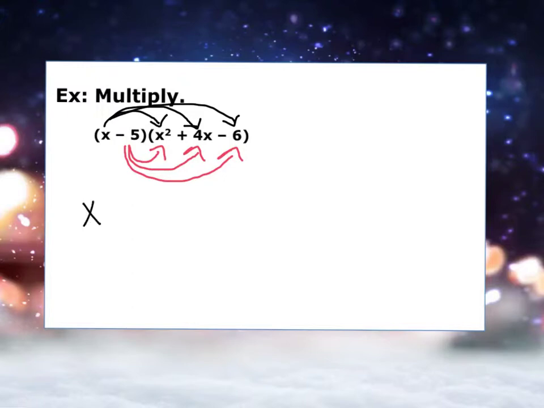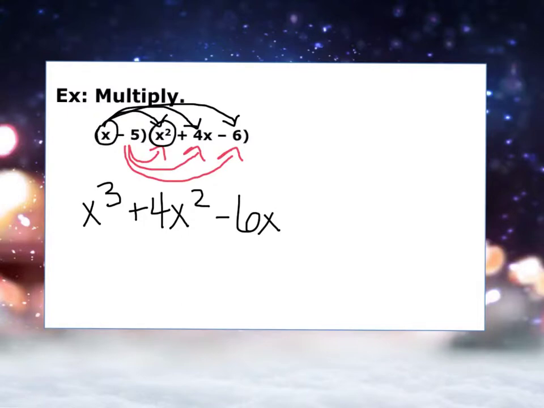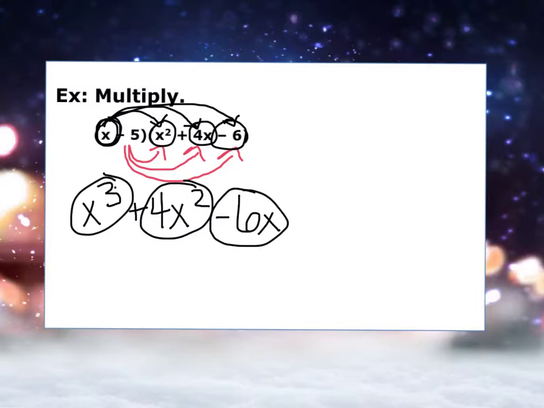So I get x to the third plus 4x squared minus 6x. So once again, I did x times x squared to get x to the third, x times 4x to get 4x squared, and x times negative 6 to get negative 6x. And then I will distribute negative 5.